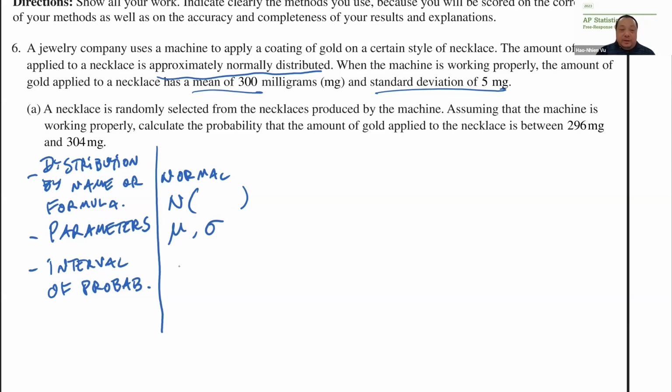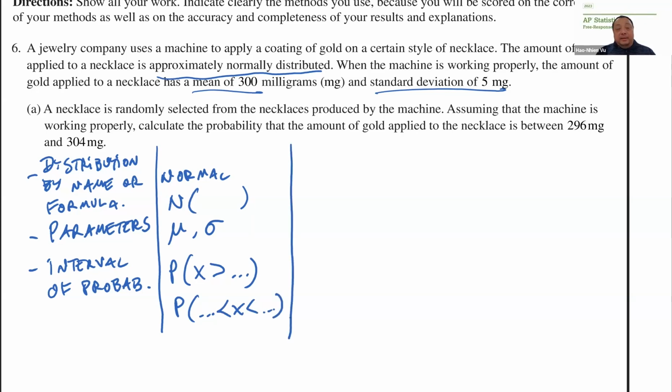And then the interval of the probability would be things like x is greater than a certain number, or x is between some two numbers. And a lot of times they would accept a well annotated graph as showing all of this information.